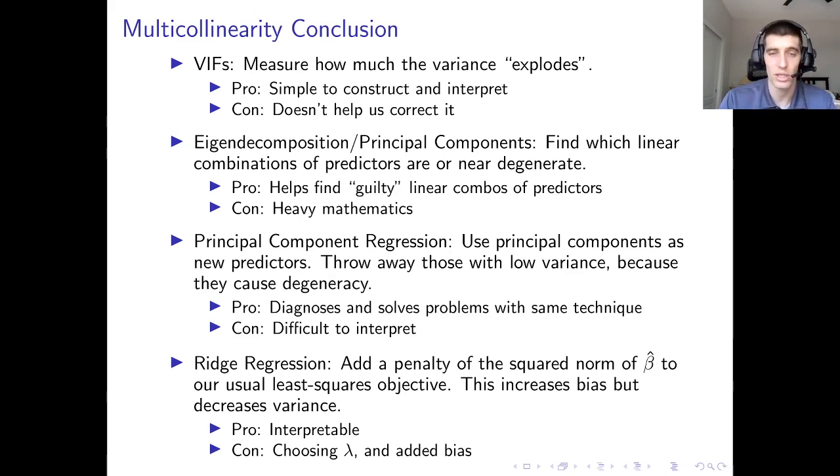The ridge estimator will always exist, whereas the least squares estimator will not if X transpose X is not invertible. The con is that we're actually adding bias, right? So we have a trade-off there, and also choosing lambda. We have caret, which can automate this using cross-validation, but there is just a decision there to be made.